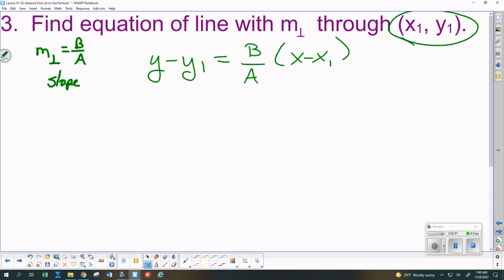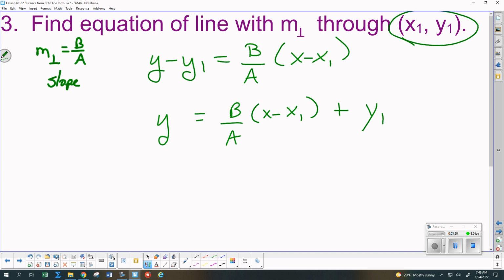Then I need to distribute the b over a. Well, actually, I've already done that. I'm going to bring the y1 over to the other side. So I have b over a times x minus x1 plus y1.